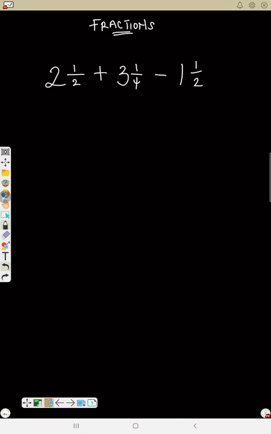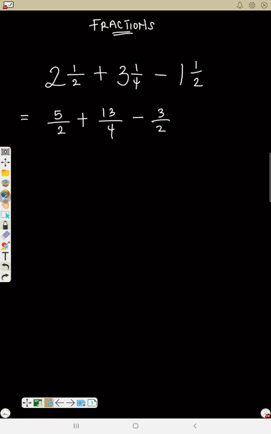First thing, change everything to improper. 2 times 2 is 4, plus 1, 5 over 2, plus 3 times 4 is 12, plus 1, 13 over 4, minus 1 times 2 is 2, plus 1, 3 over 2.